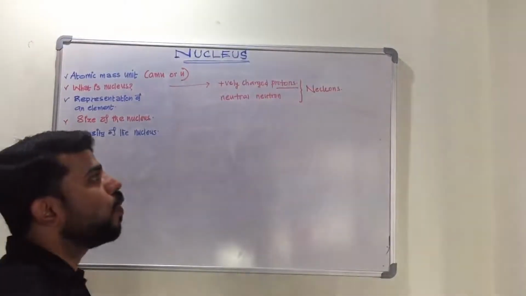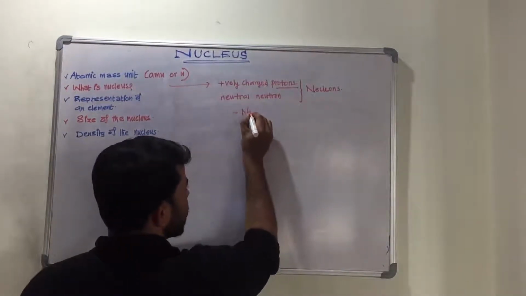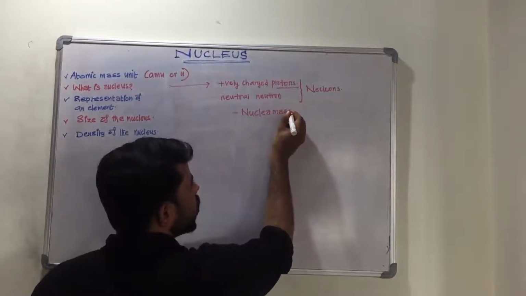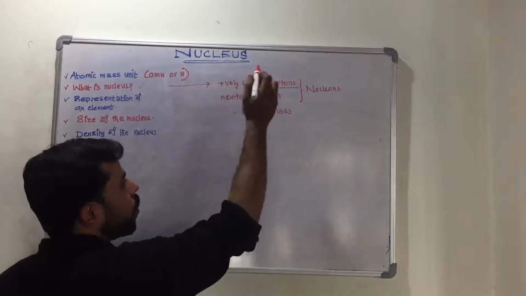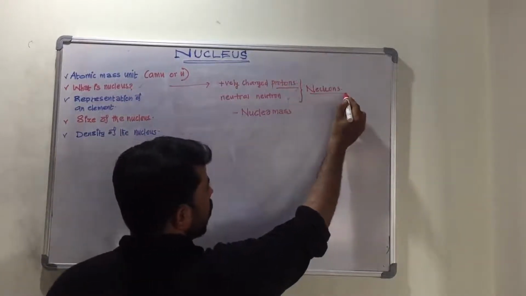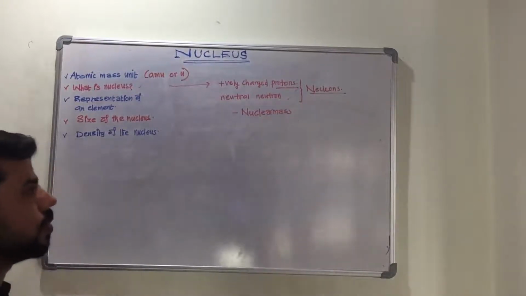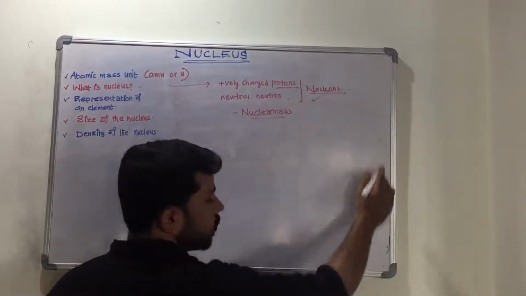The mass of all the nucleons is called nuclear mass. What is nucleus? Nucleus is the center of an atom, and the constituents of the nucleus are protons and neutrons, which are collectively called nucleons. The mass of the nucleus is called nuclear mass. It is actually the mass of nucleons.